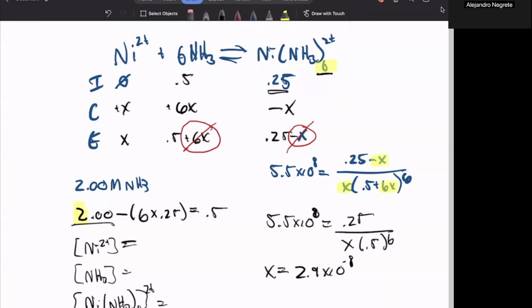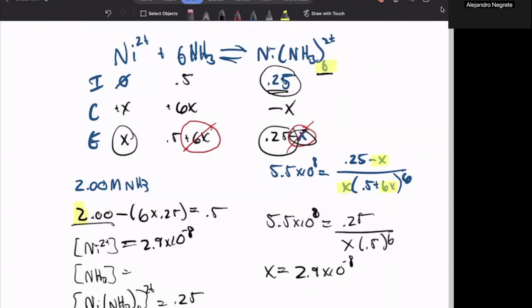So nickel, because we know what x is, right? That's going to be 2.9 times 10 to the minus 8. And we know what that final one is, because we're ignoring this. So that's just going to simply be 0.25, right?